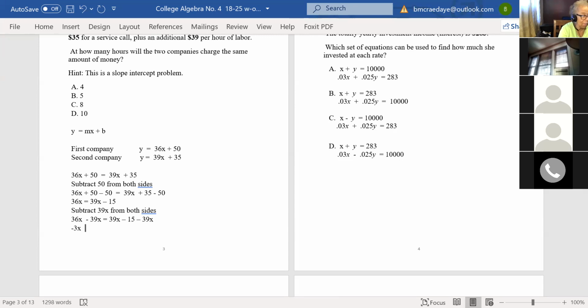And what do I have on the right side? 39x minus 39x is 0, so I have negative 15 left. Okay, minus 15. Then what's my next step?